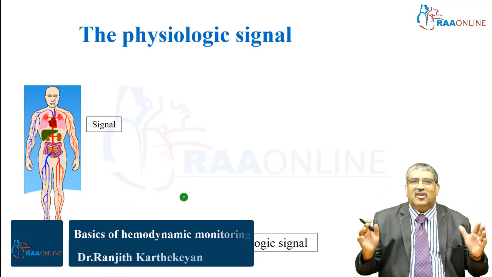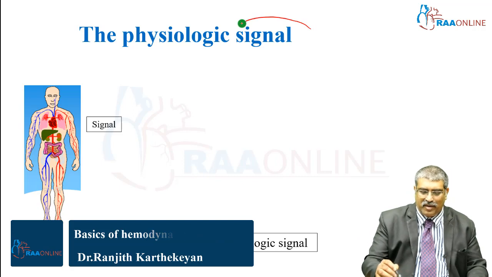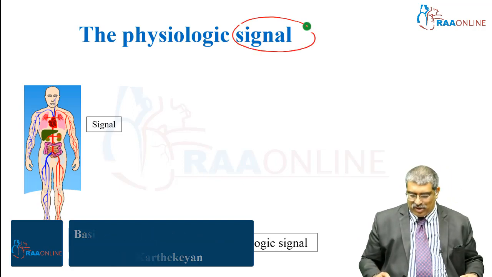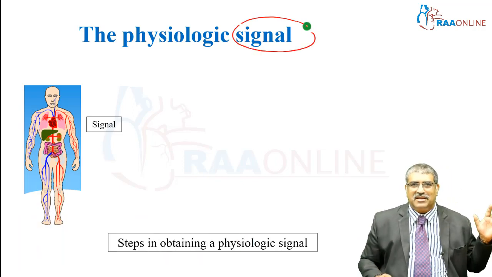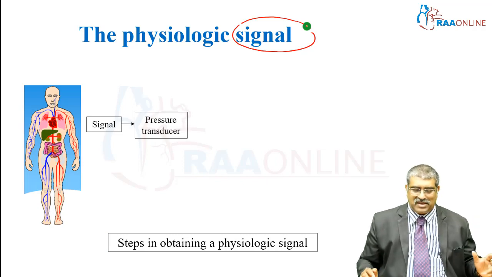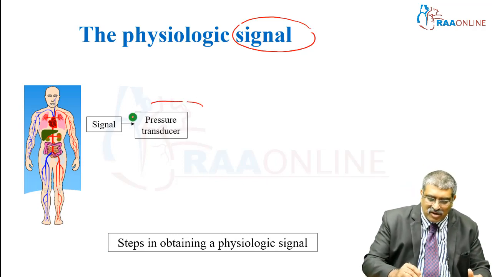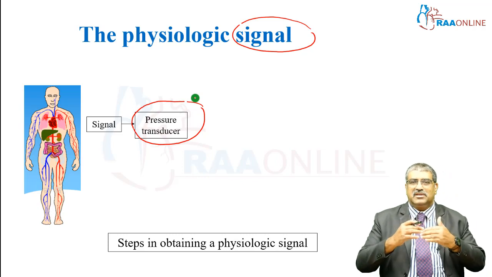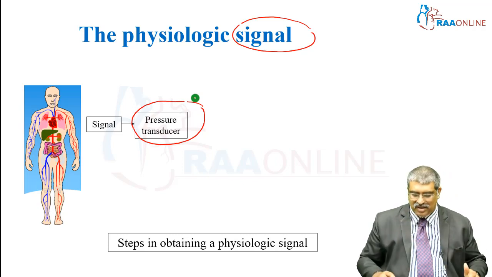What are the physiological signals in hemodynamic monitoring? First, you have to get a signal from the patient, that is the pressure from the patient, which is sent to the transducer in the hemodynamic system.